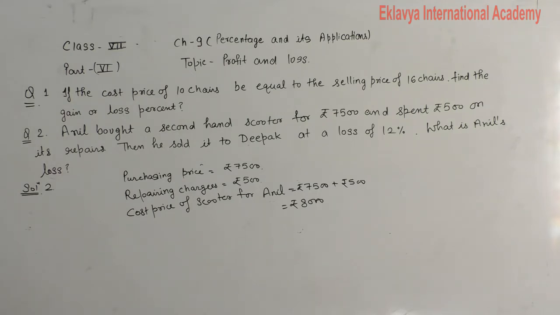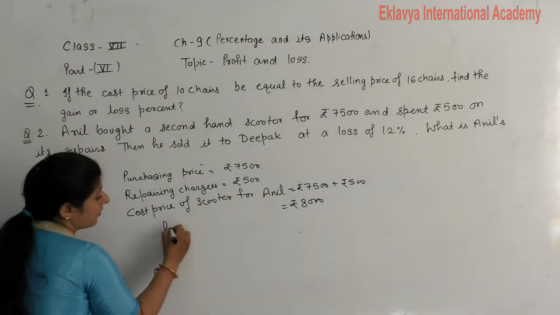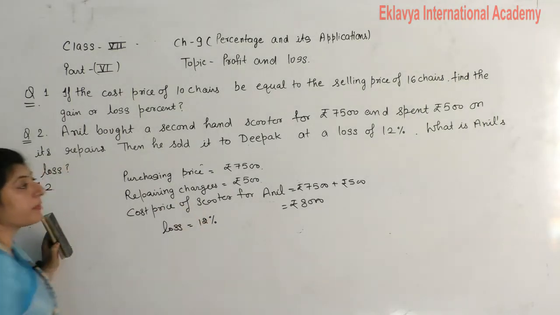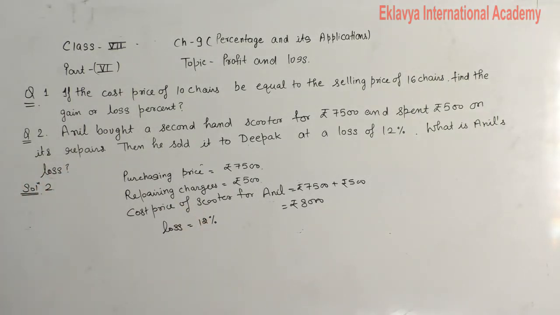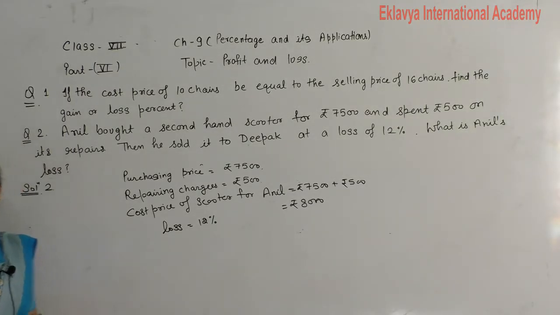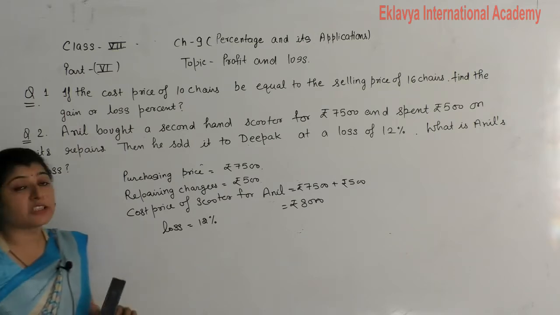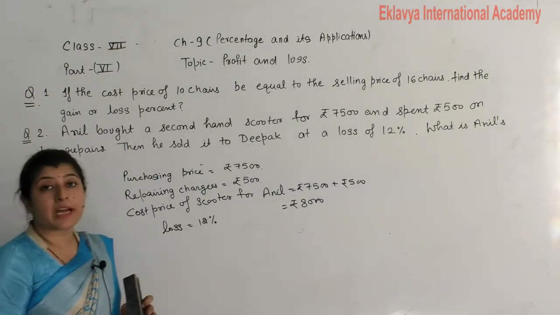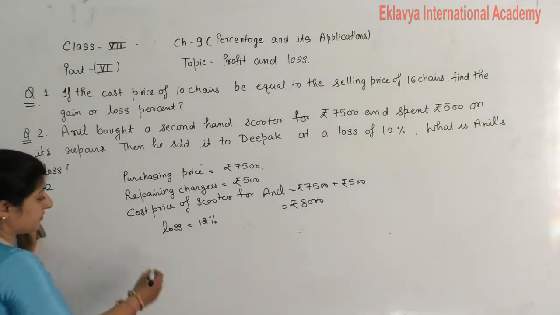Then he sold it to Deepak at a loss of 12%. What is Anil's loss? Firstly we have to find out the selling price of the scooter. How to find out the selling price of the scooter?